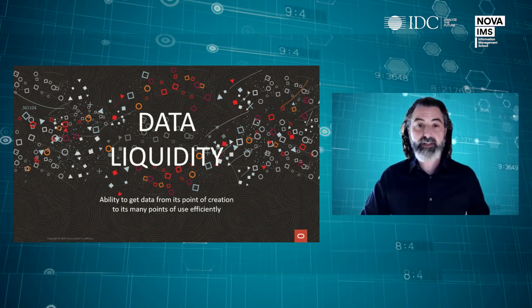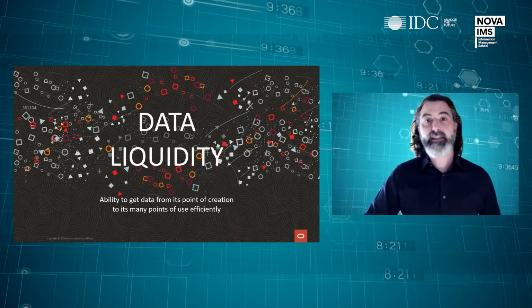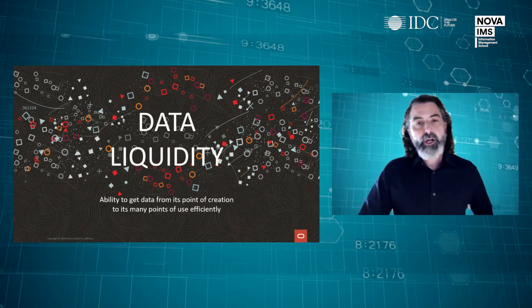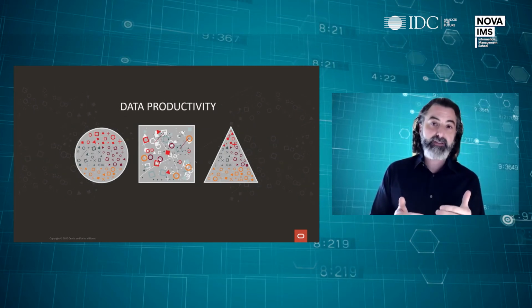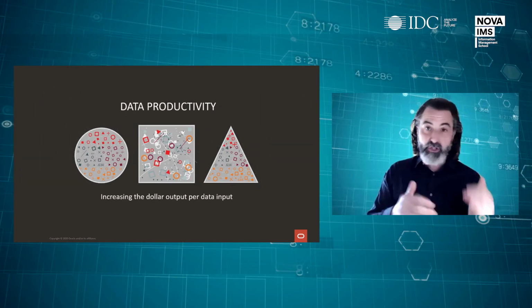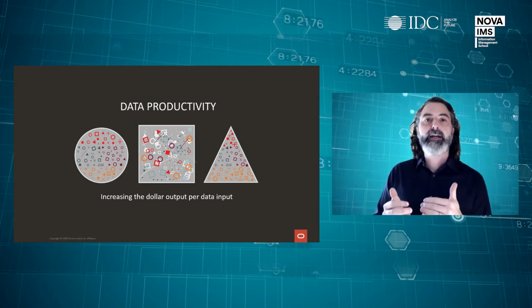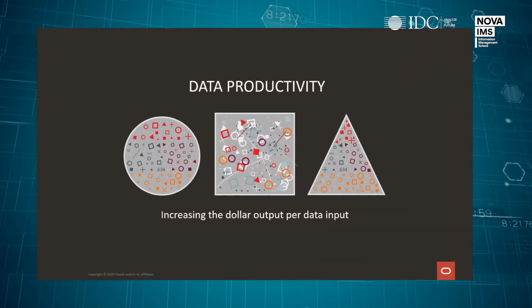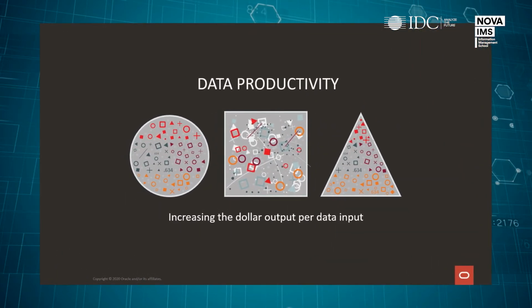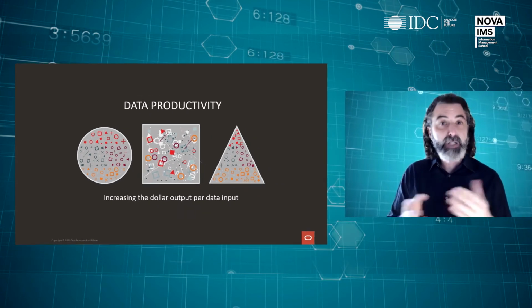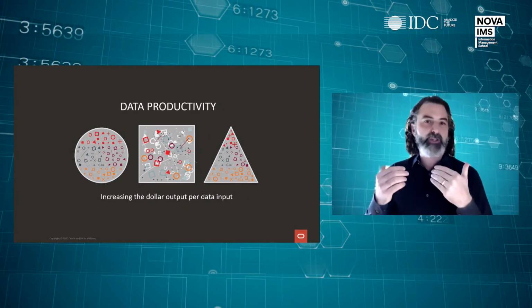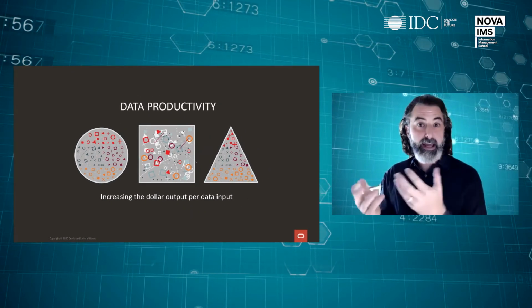The next is to increase data productivity. So data productivity is all about increasing the dollar output, the euro output per data input. Now, the way to think about this is that data isn't worth anything until you do something with it. It doesn't create value until you apply it in an application or an analytic or an AI model.